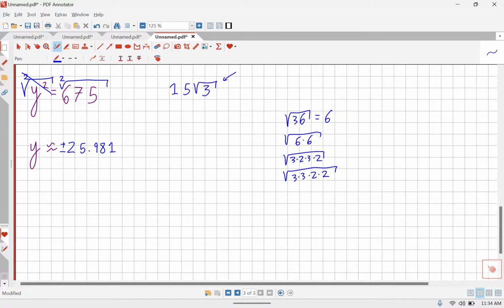That's okay. Here's where it gets weird. Does that still say the square root of 36? I don't know. What's 3 times 3? What's 2 times 2? What's the square root of 9? What's the square root of 4?